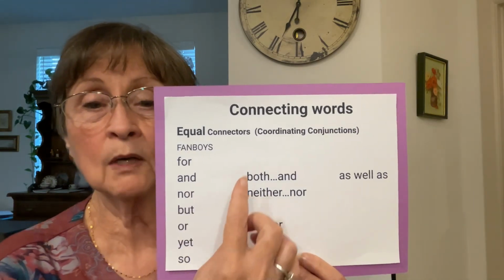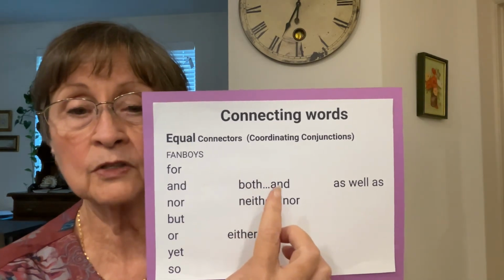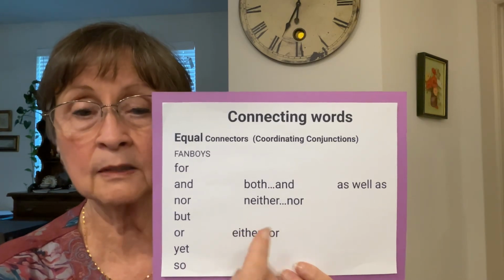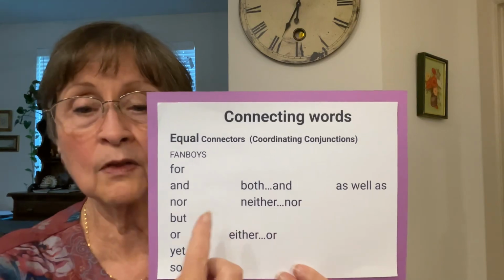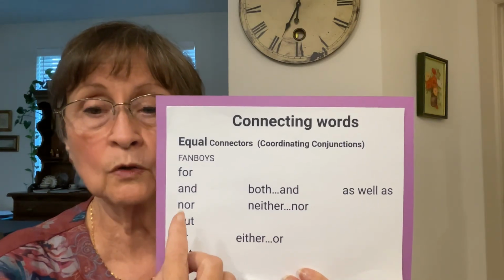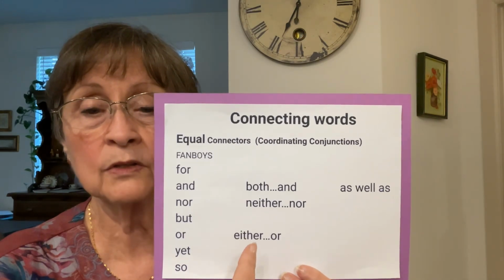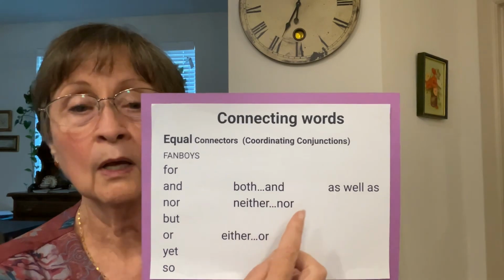Now sometimes we combine them with other words to make one. Both this and that, rather than saying this and that. Neither this nor that, rather than saying this nor that. Either this or that, which works the same way as neither nor.